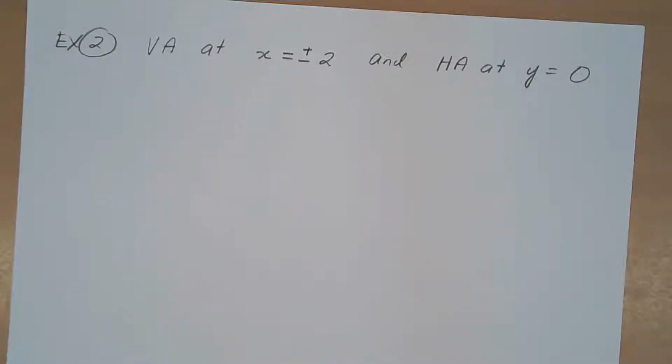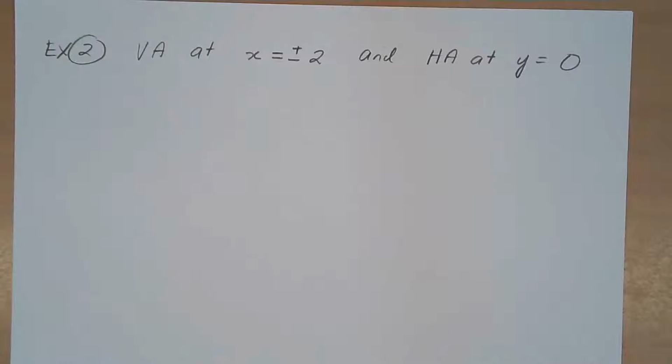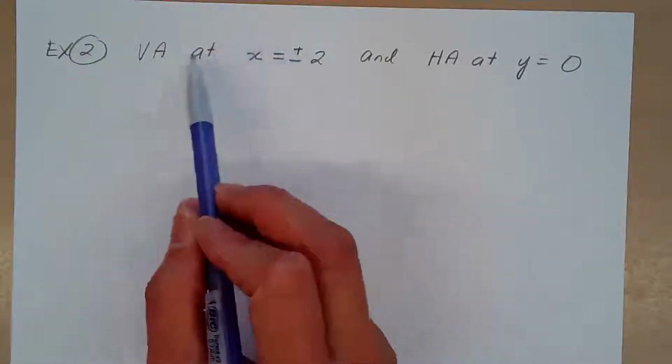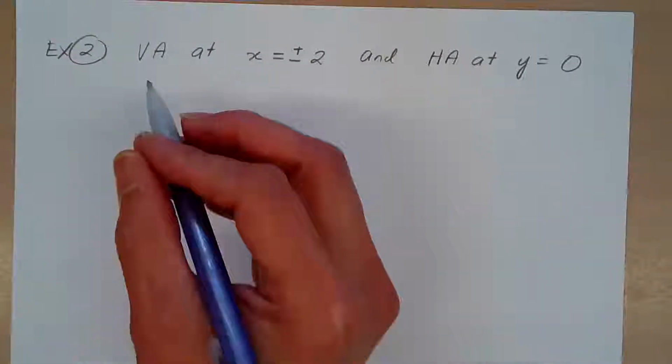So how can we have a vertical asymptote at x equals plus or minus 2? First, the denominator, because this one tells us what the denominator is going to be like, right?